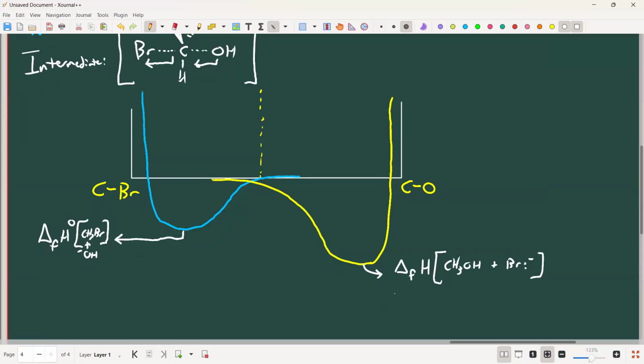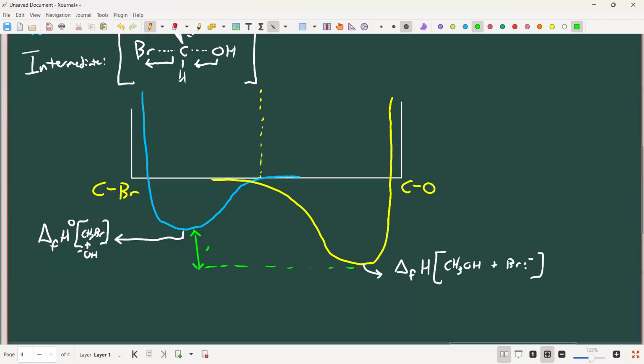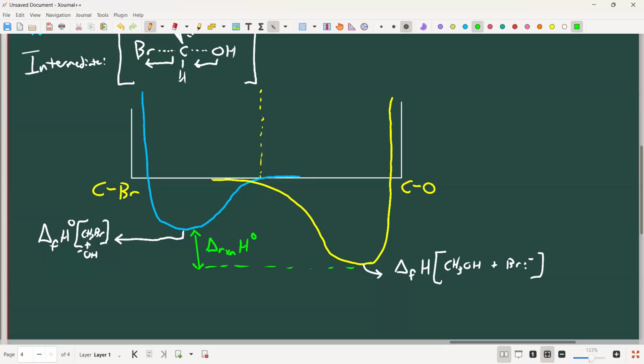So the OH attacks and the Br leaves. That means the products are lower in energy than the reactants, just by definition, because it's a product favored reaction. So you could say that this energy difference between these two points is delta H of reaction at our conditions.